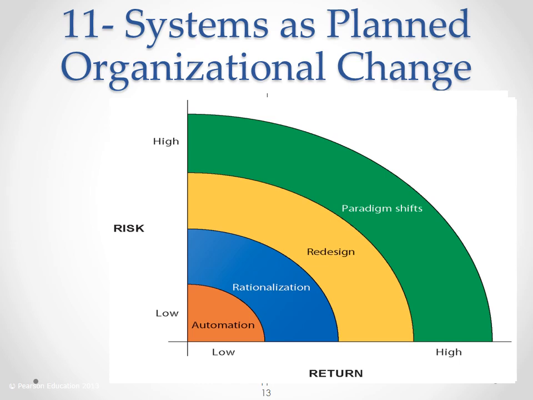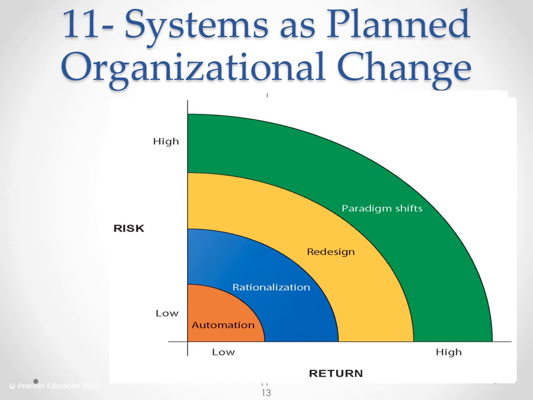Let us move to the third type of change, which is redesign. Business process redesign is a more powerful type of organizational change. In a redesign, business processes are analyzed, simplified, and redesigned.